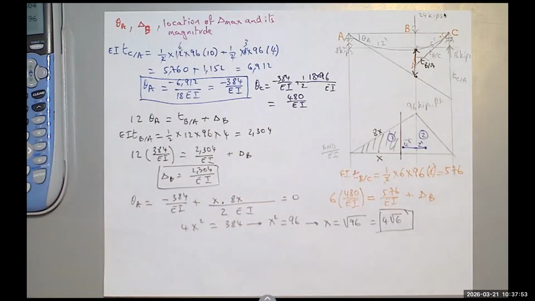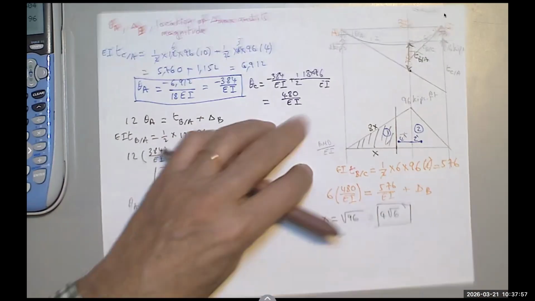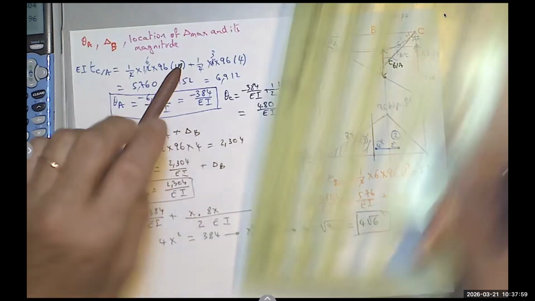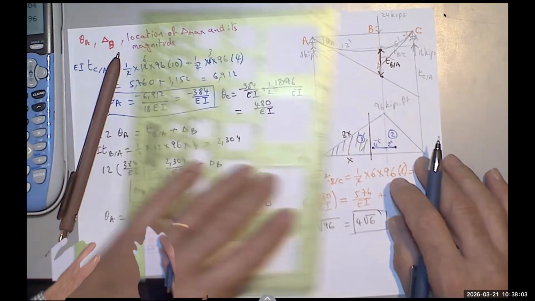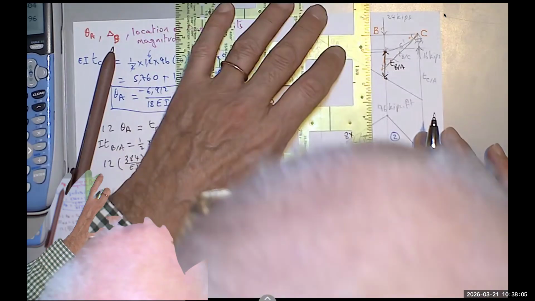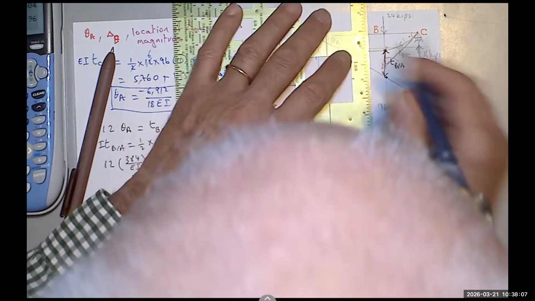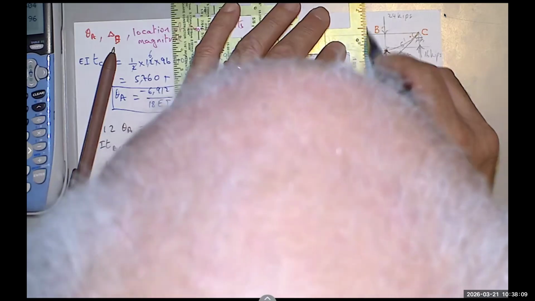Now, all I have to do is the same thing. I'm going to draw a line here at a distance that we say is root 96, like 9 point something feet.